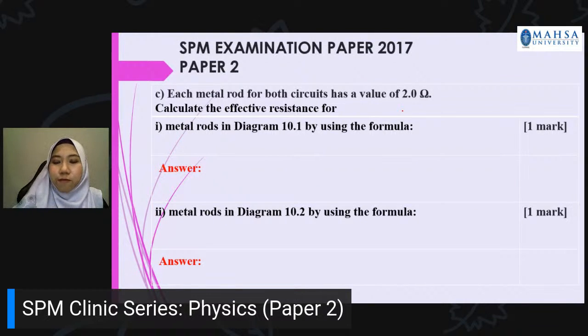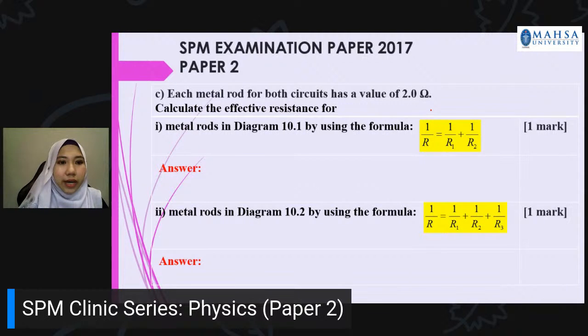By using the formula, yes, you have your formula for the parallel connection of the metal rod on your first diagram. And next question, to calculate the effective resistance for the metal rod in diagram 10.2 by using the formula, you have the same formula, because the connection of your metal rod is the parallel connection.